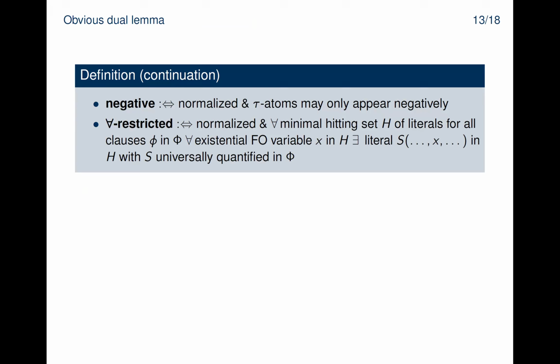So for every minimal hitting set of literals for all clauses, and for every existential first order variable that we see in this hitting set, there should exist a positive literal S of some variables, including X, in this hitting set, such that S is universally quantified. So this somehow gives the universal player control over where existential first order variables need to be evaluated.